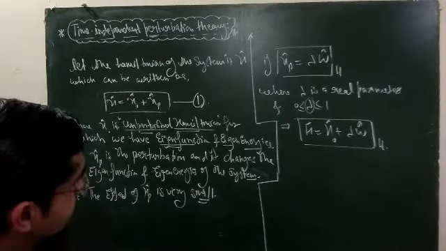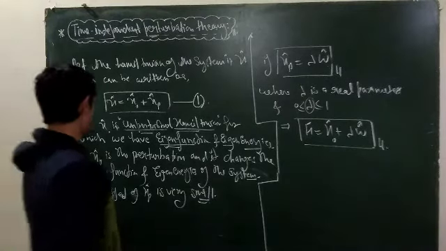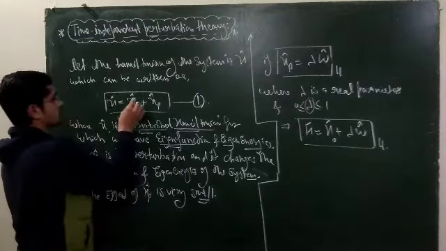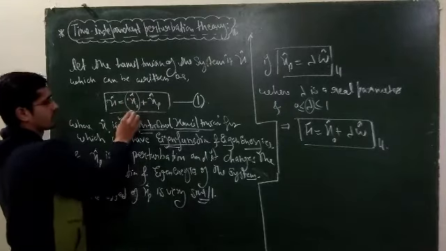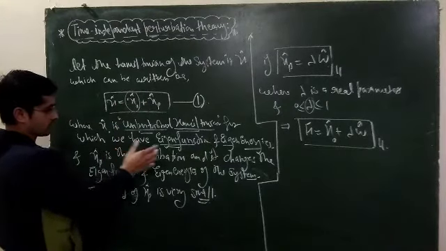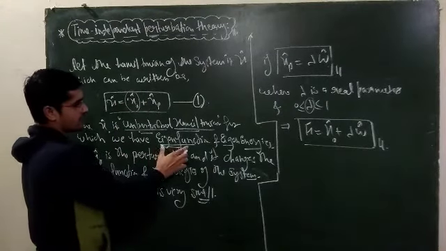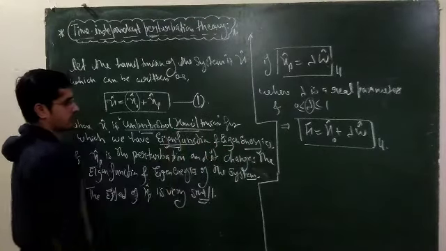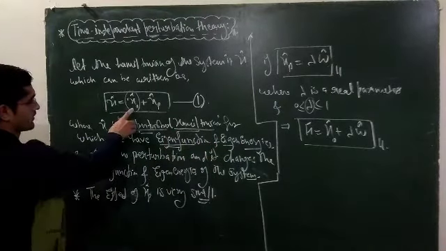One more thing: because we have assumed that this unperturbed Hamiltonian has solutions, it has eigenfunctions and eigenenergies, and we can already solve the Schrodinger equation for it.